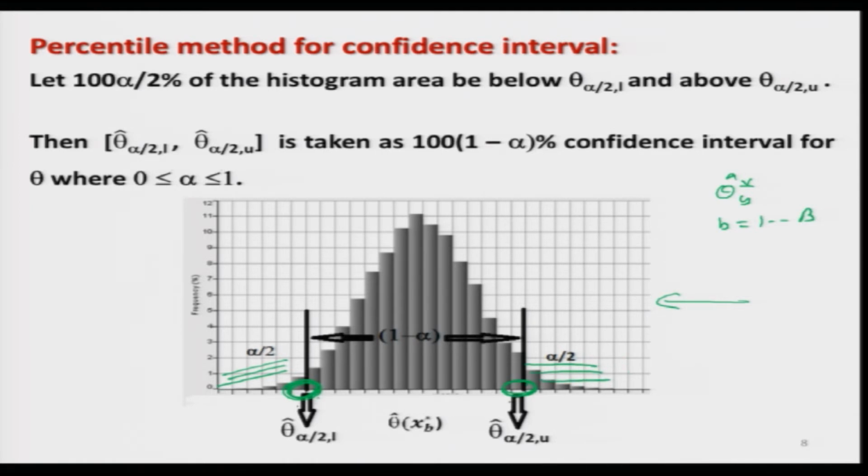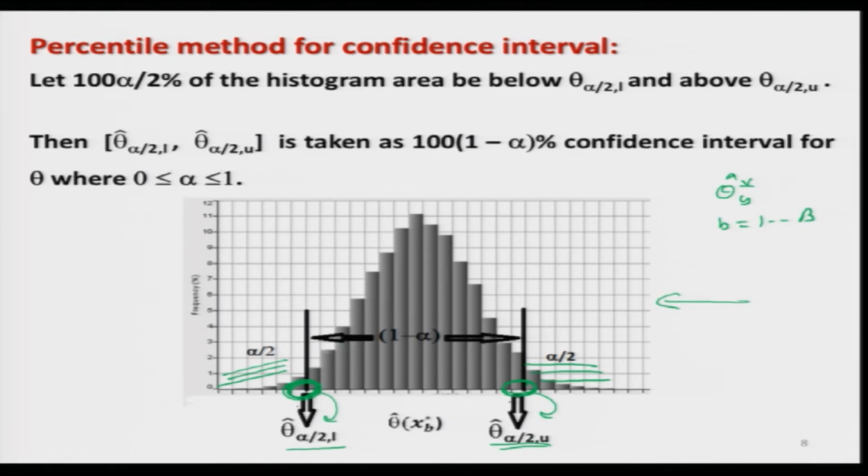Whatever values we obtain, these are the percentiles which indicate the lower value and upper value of the confidence interval. This is what I mean when I say that I want to construct the histogram of the bootstrapped value.